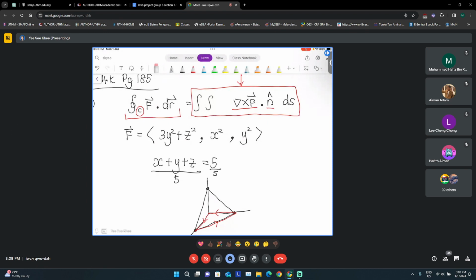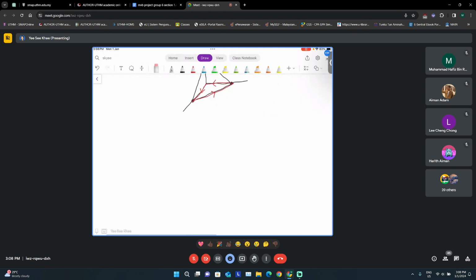First thing, we find the curl of the vector F. Okay, so let's do this. Who still has problems evaluating or calculating the curl? Anyone still have problems calculating the curl?